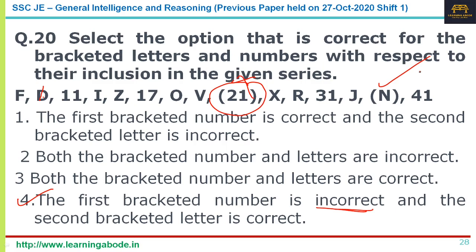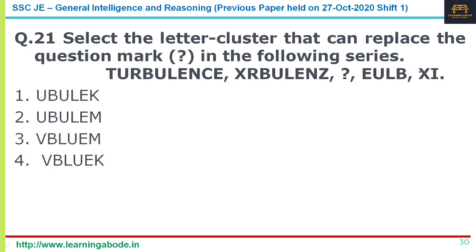Now 22. I'll straight away go for the answer. What you have is an alphabet sequence, and as you can see, turbulence is a 10-lettered word. After that, it becomes an 8-lettered word, which means you are losing 2, right?